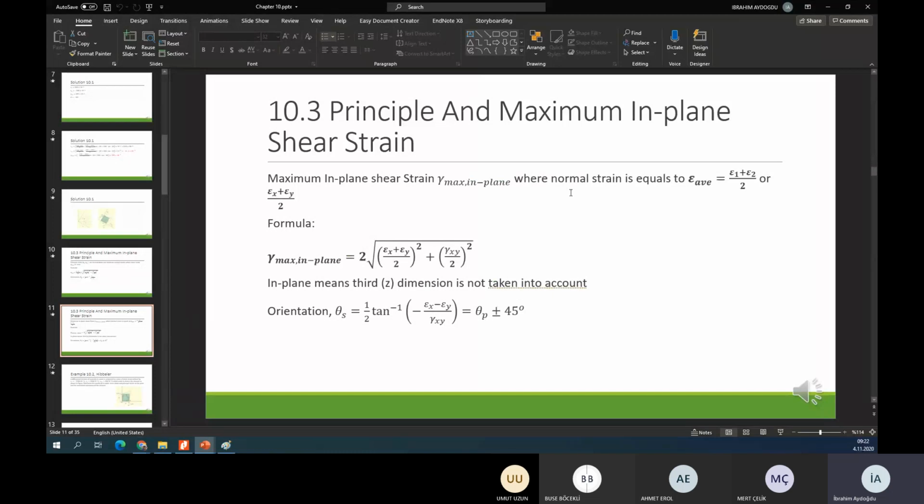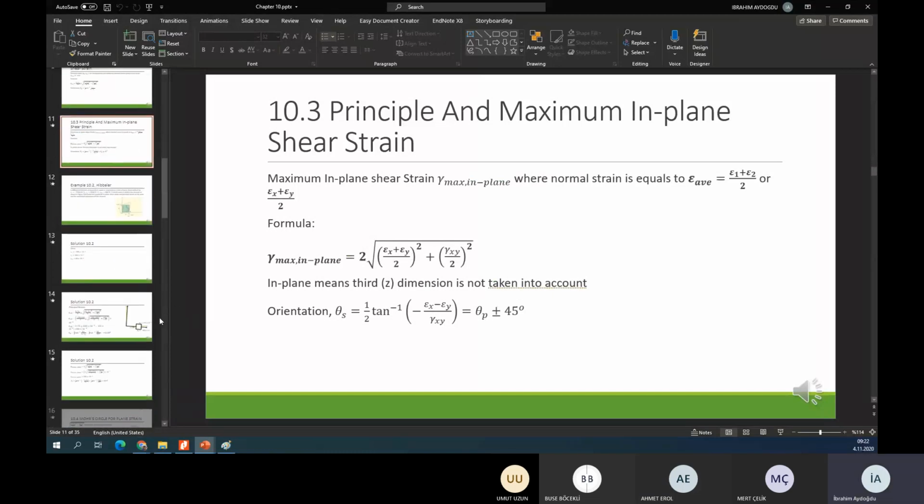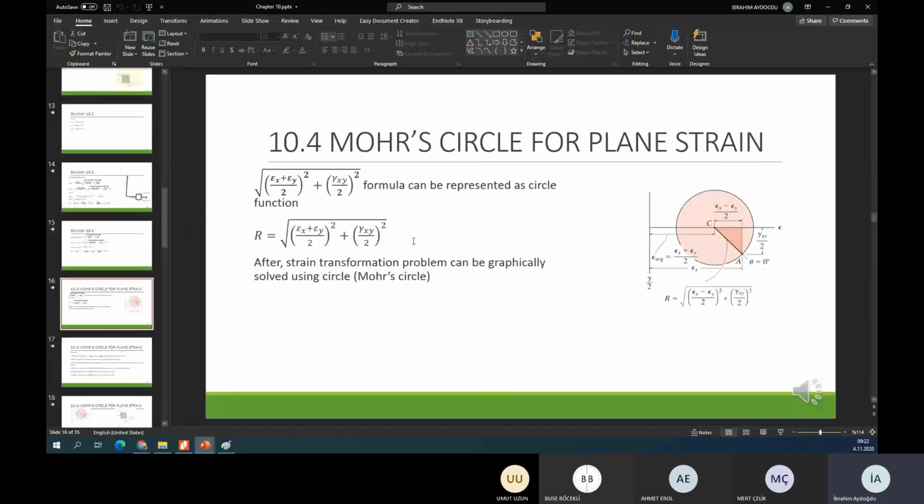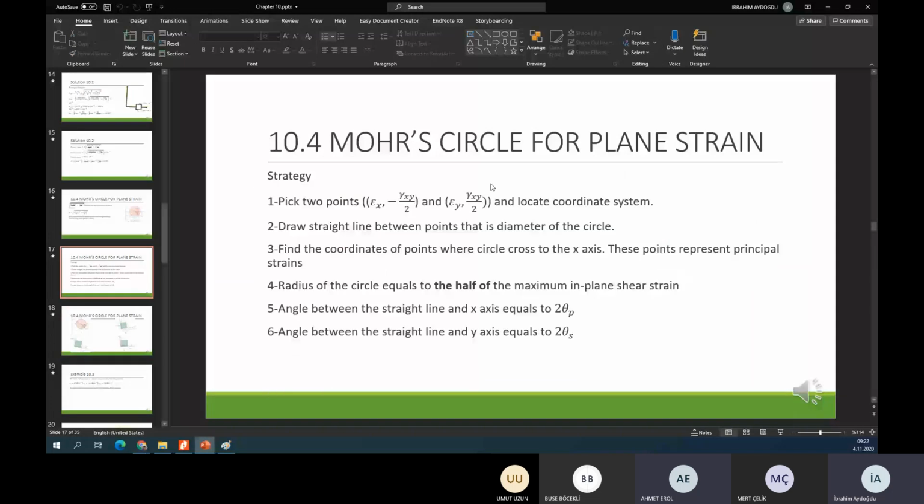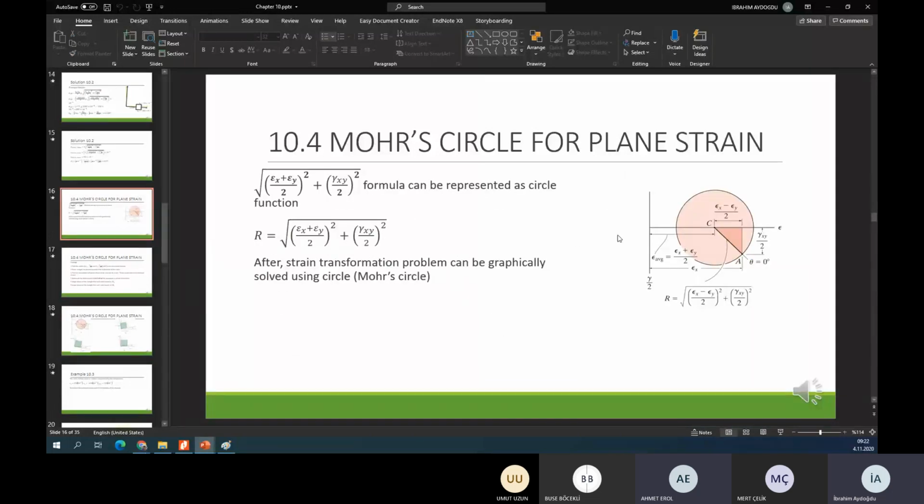So my question is, can I use the Mohr circle for strain transformation? Yes, definitely we can use it. Similarly, we can use the Mohr circle for plane strain. The strategy is similar. Remember that when I'm picking for tau xy, we choose gamma xy divided by 2 for the points. For stress, for the x direction we use sigma, and for the y direction we use tau.